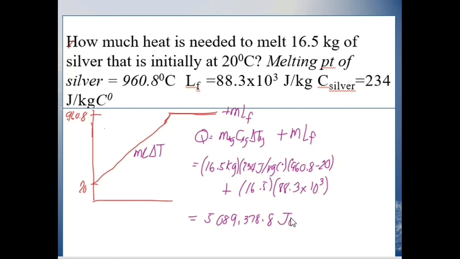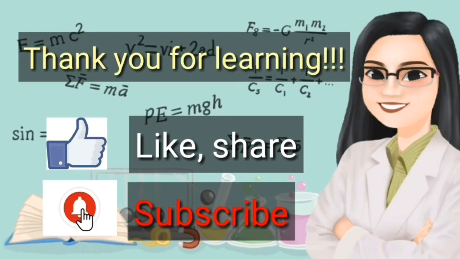Okay, unit is in joules. So that is the total heat needed to melt silver at 960.8 degrees Celsius.